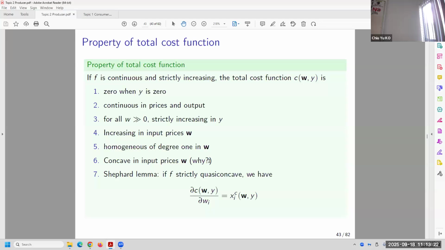Why is it good? Two things. One is I have the cost function estimated, so I can know their demand, even if I can't observe what the input is, as long as I can estimate the cost function, which may be possible from the historical data.